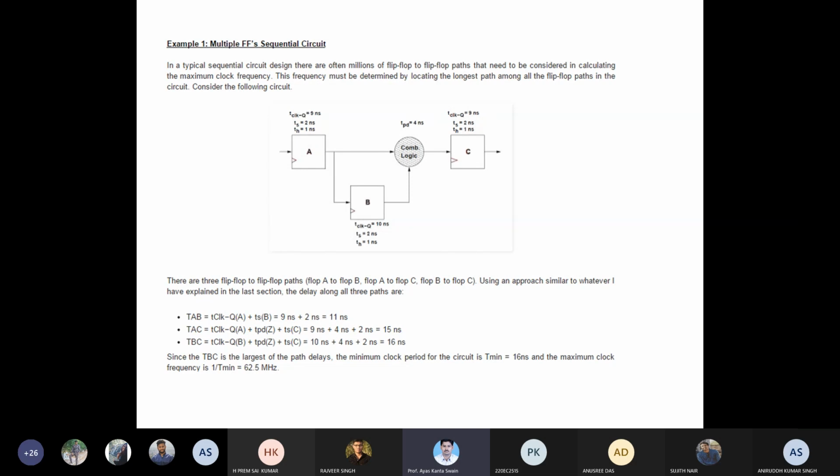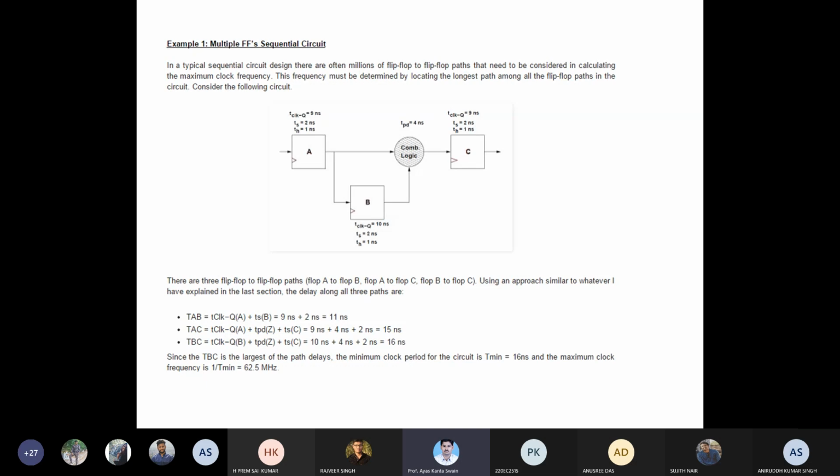So you can see here TAB stands for the path between A and B. TCLK-Q is 9 nanosecond. Then you are coming to B. For that, you assume the data is stable at A, then it will pass through TCLK-Q 9 nanosecond, then the setup time of B, that is 2 nanosecond.